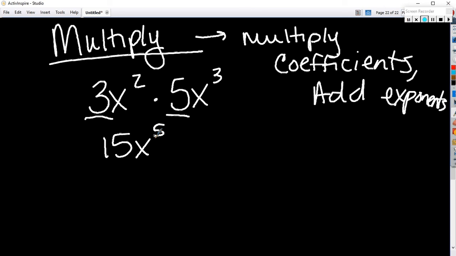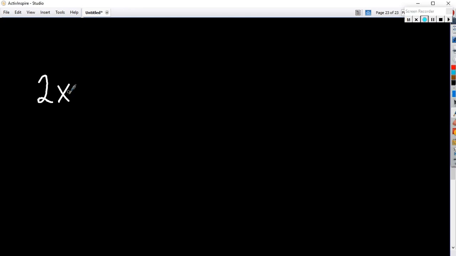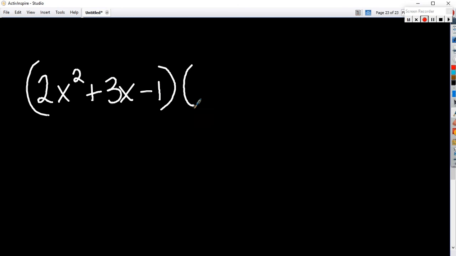But of course we don't stay that easy because we're going to multiply whole polynomials. I'm going to give you, let's start easy. Start a hard one? No. I'll start medium. How about that? When you're multiplying polynomials, a couple things to keep in mind.